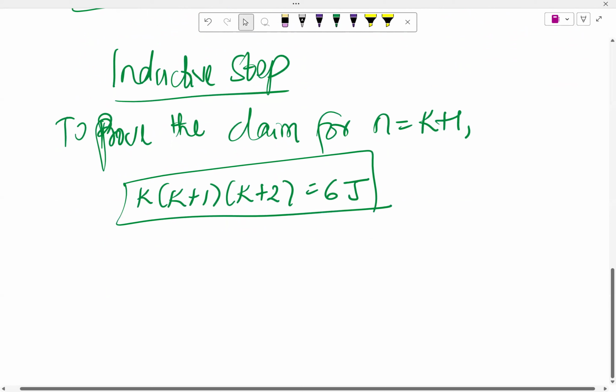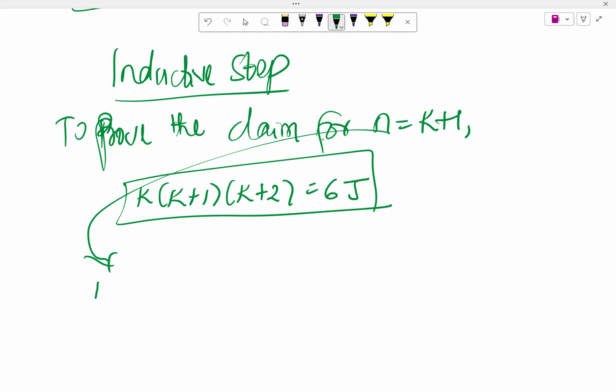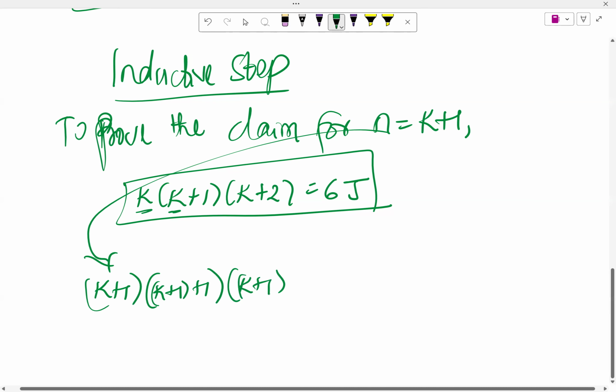So if we take it further, for n equals k plus 1 now, for every k, we have k plus 1. So instead of k, we have k plus 1 into, for k plus 1, we have k plus 1 plus 1. And here we have k plus 1 plus 2, okay? So instead of k in each case, you have k plus 1.